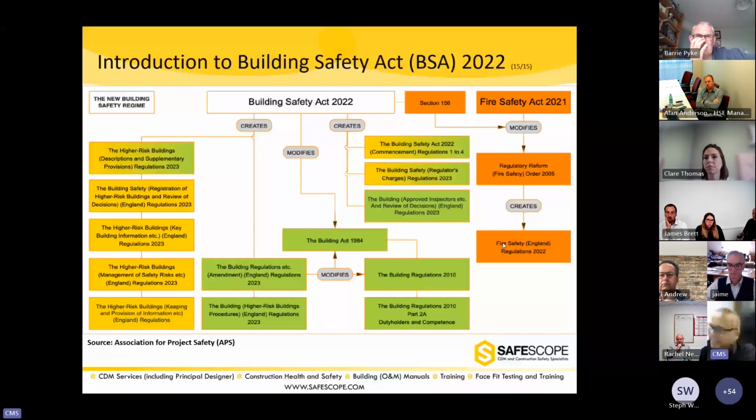As a result, a new set of regulations called the Fire Safety (England) Regulations 2022 has been created as well. You can see from this snapshot, as one view, there's a huge impact on the different regulations because the Building Safety Act has come in.